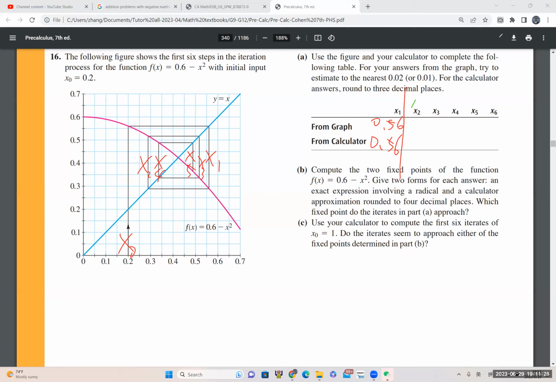Now for x2, we don't have enough space, so you just go to here. The graph value, the calculator value. Neil, could you do it? X2 is here. On the graph, 0.29. Then how about the calculator value?